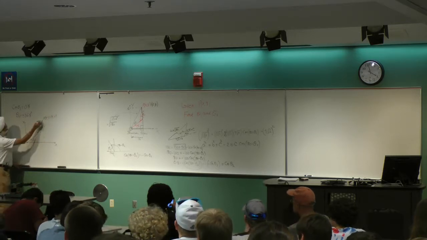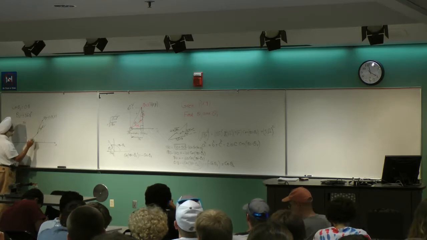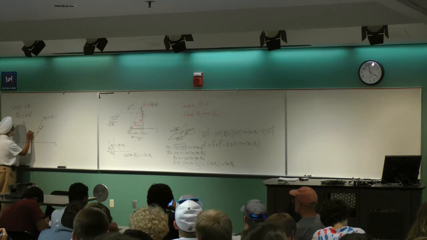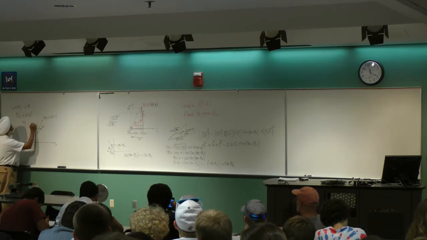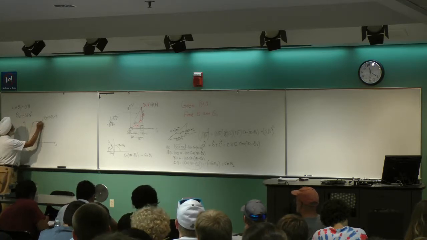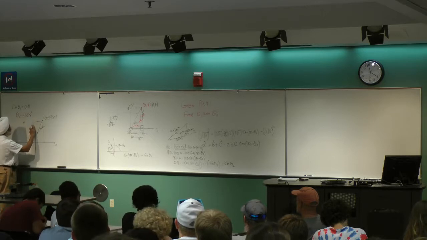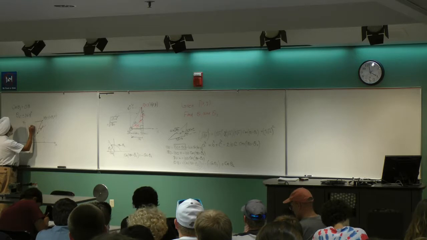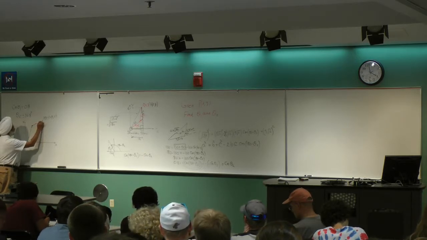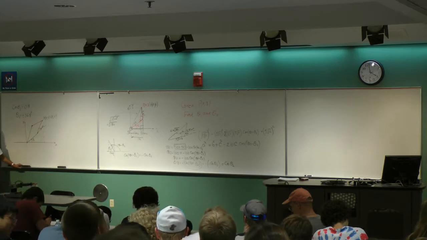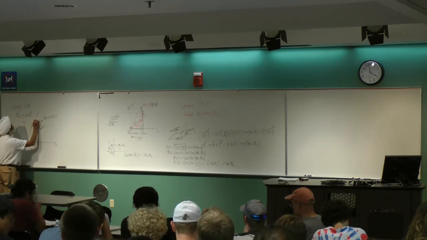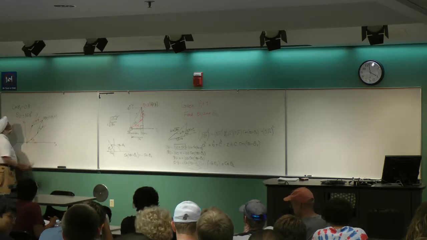Now I can reach the same point. This is my theta 1 being positive. I can reach the same point by doing this. The length may not be the same, but anyway, this is my angle. In this case, this angle is minus 36.8 degrees.